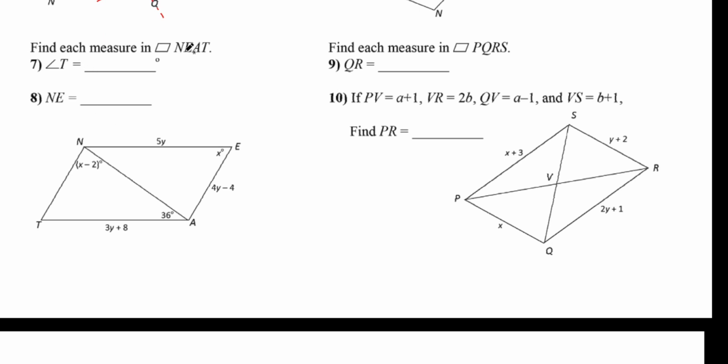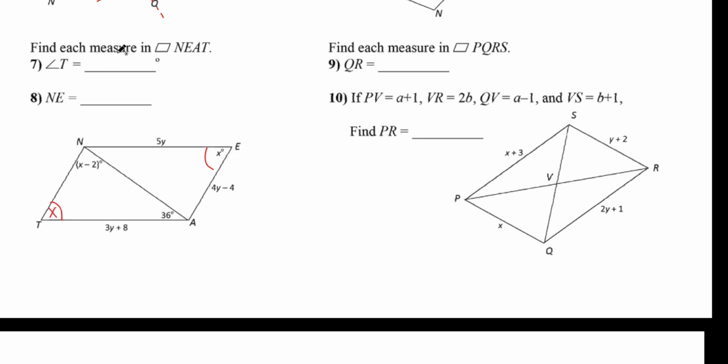What about this? This is a parallelogram. So this angle right there is equal to that angle right there. If that's x degrees, what's this angle T?